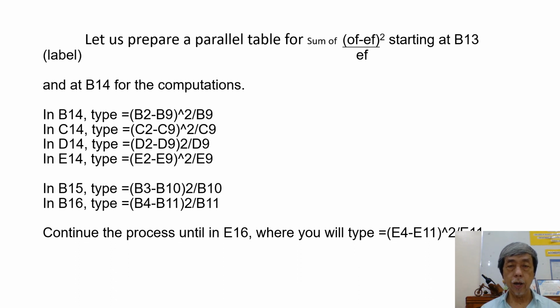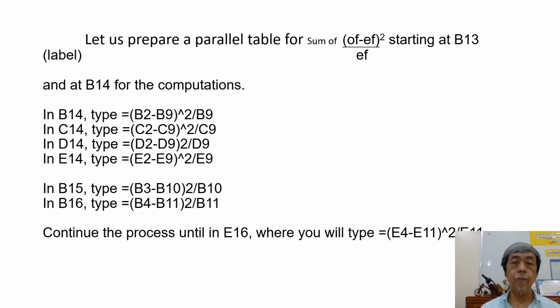We shall now prepare a parallel table for the sum of the square of OF minus EF divided by EF at B13 as our label, and start at B14 for the computations.